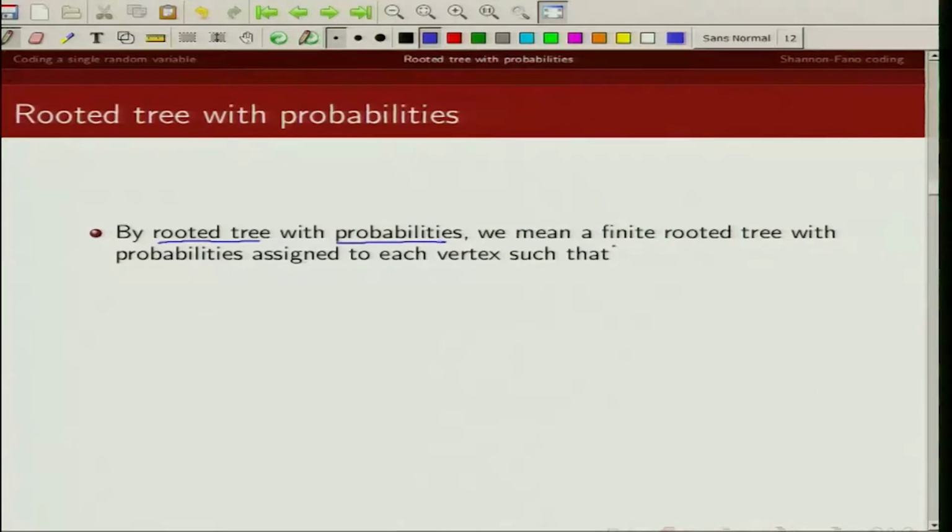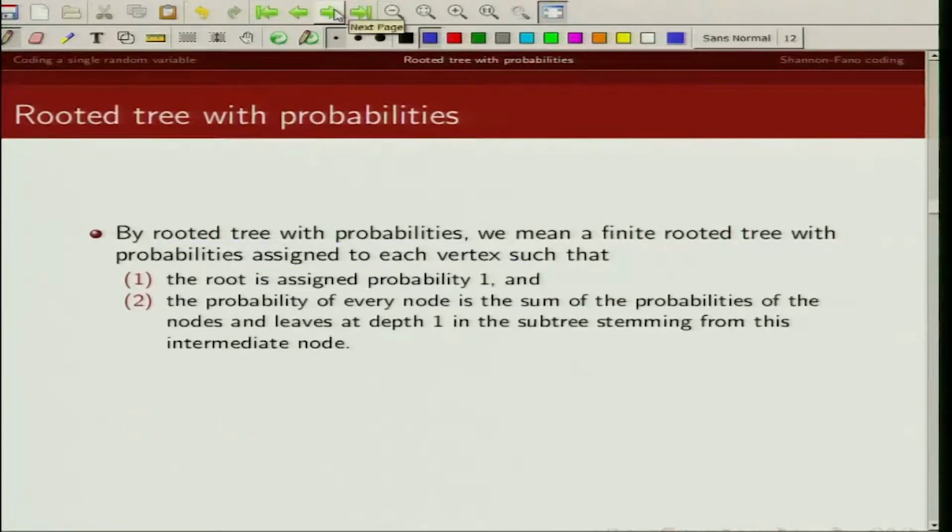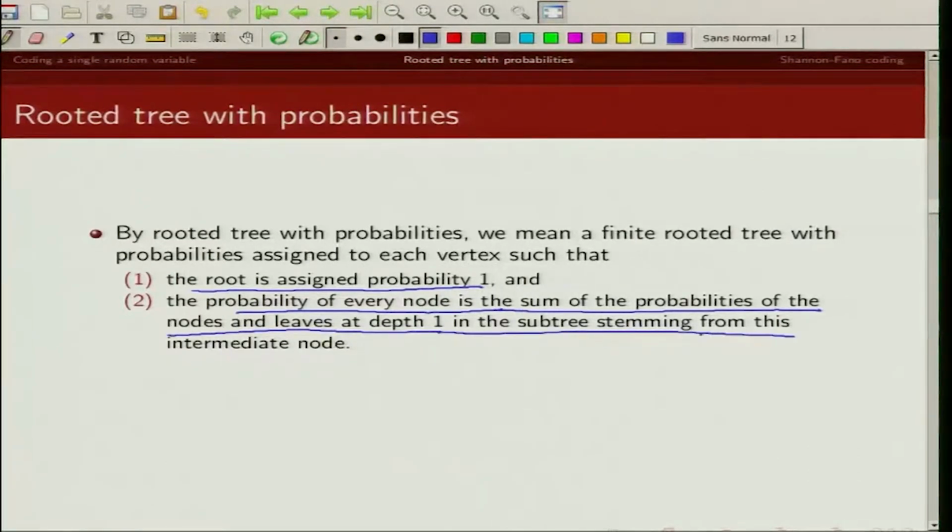By a rooted tree with probability, we mean a finite rooted tree with probability assigned to each vertex. How do we assign these probabilities? The root is assigned probability 1, and the probability of every node is the sum of probabilities of the nodes and the leaves at depth 1 in the subtree stemming from this intermediate node.